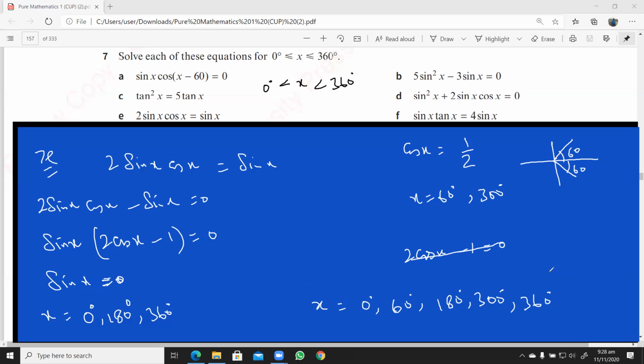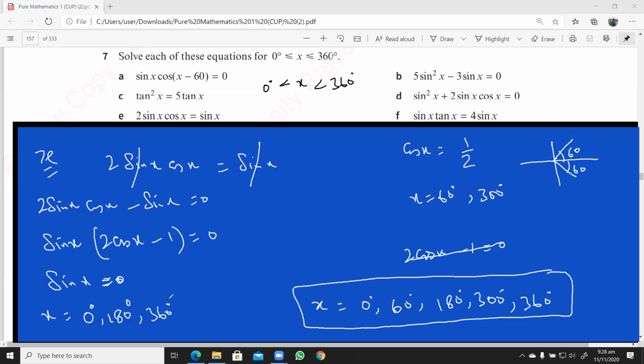And you see, these are all the solutions of this one single equation. And if you had canceled this sine x with the sine x, you could have never got these three values over here. So you cannot cancel if you can take common.